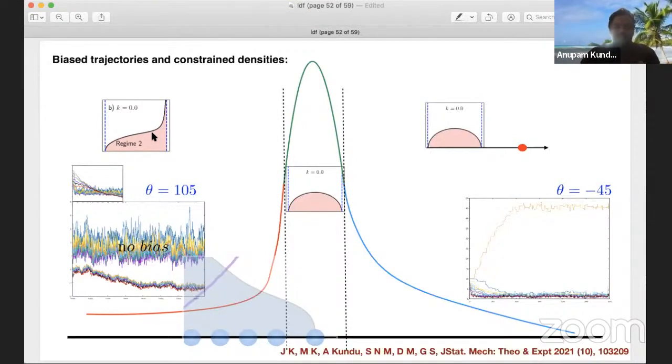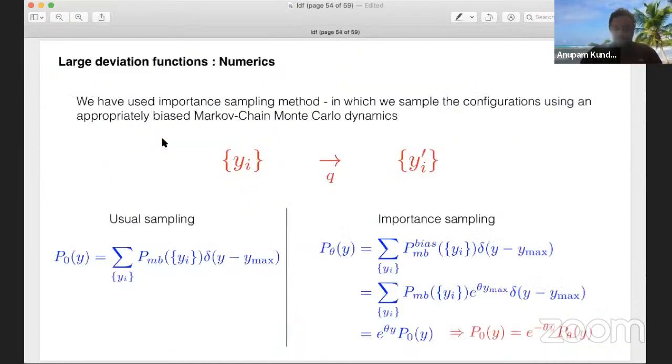And as a result, quite expectedly, the density is very large at the edge because you are pushing, and because of the interplay between the harmonic potential and the repulsion, the particles start accumulating, and there is a large density here. But this side is not getting affected.